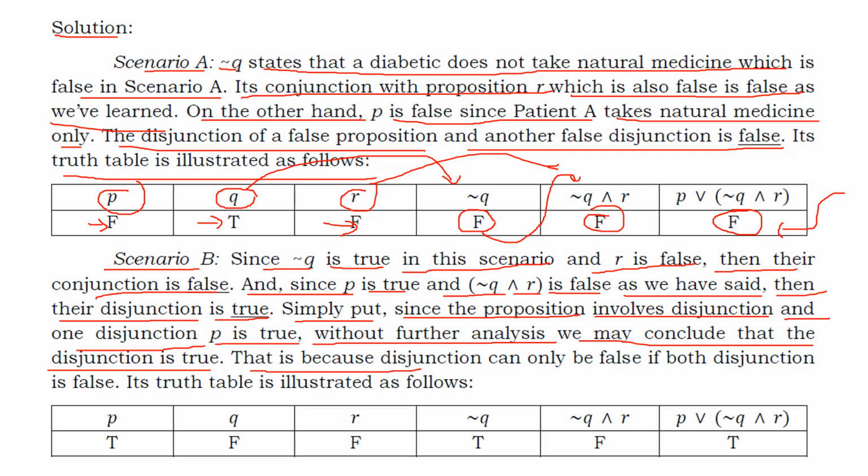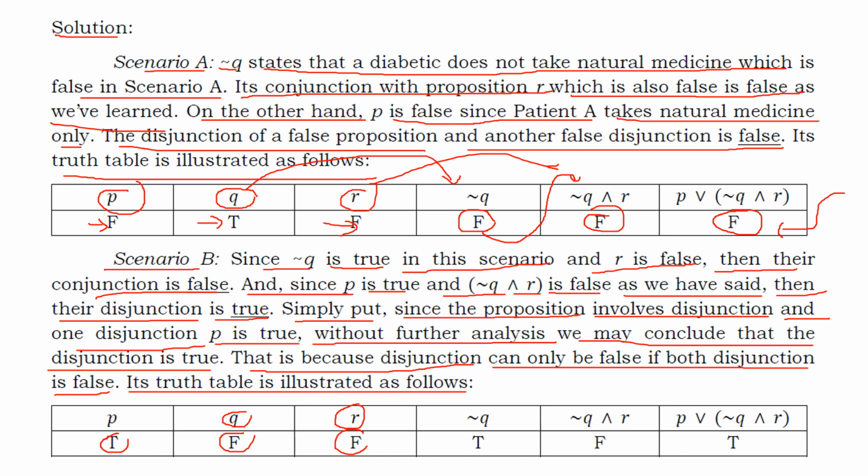That is because a disjunction can only be false if both disjuncts are false. Its truth value is illustrated as follows. As you can see in this table, the original P proposition is true, the original proposition Q is F, and the original proposition R is also F or false.